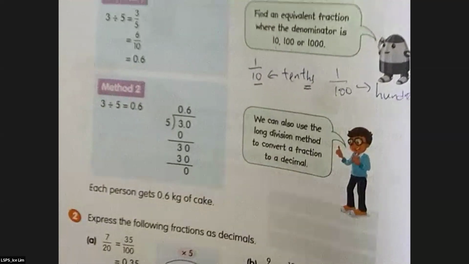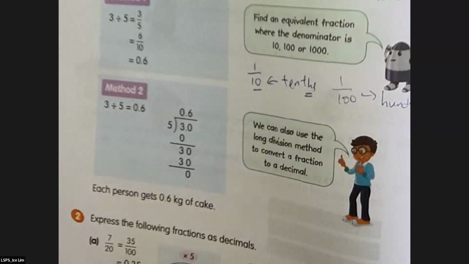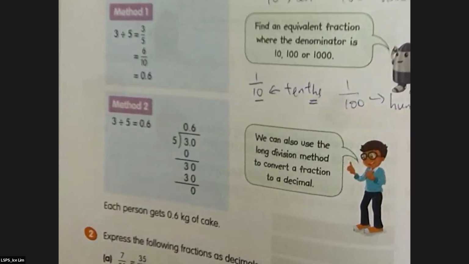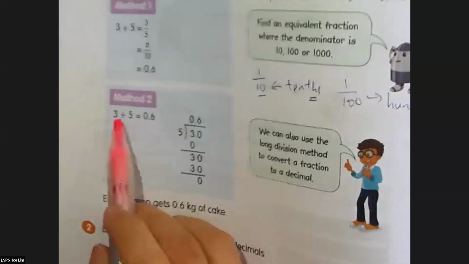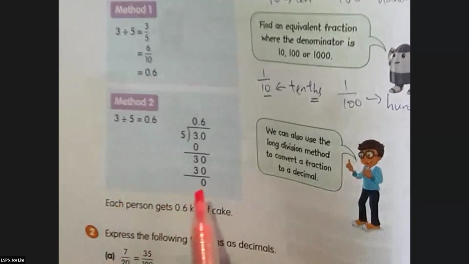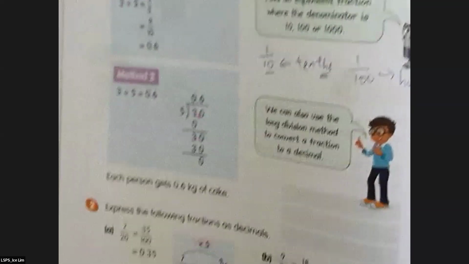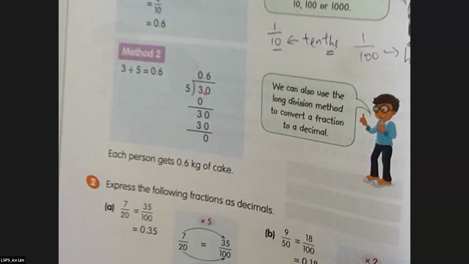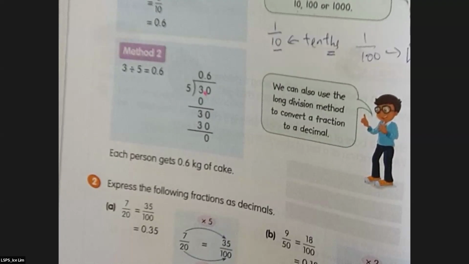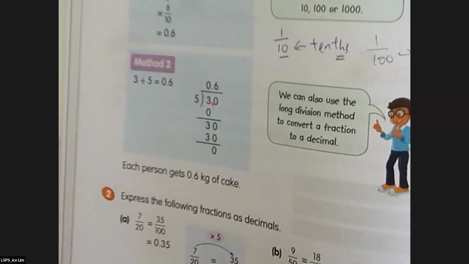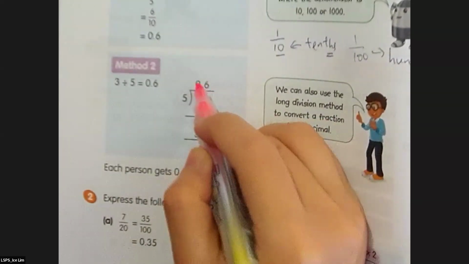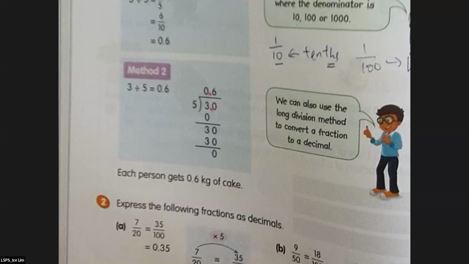So the other method is long division. This one is very important. 3/5 is 3 divided by 5. I don't stop here. I don't put a remainder. For decimals, you continue to divide until you finish. I will insert a decimal point, which means I can no longer divide.